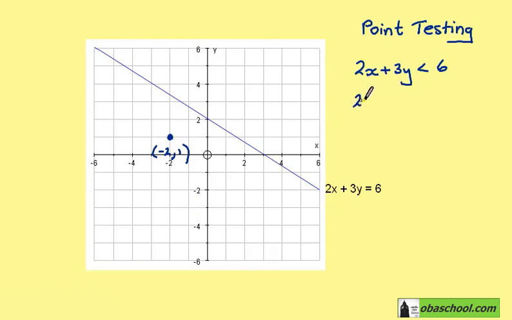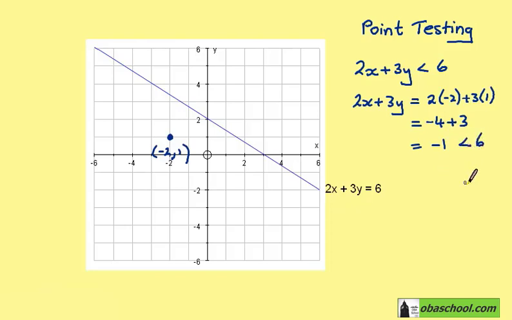Substitute in 2x plus 3y. This time is going to be 2 times minus 2 plus 3 times 1. This gives us minus 4 plus 3, which is minus 1, and this is less than 6.